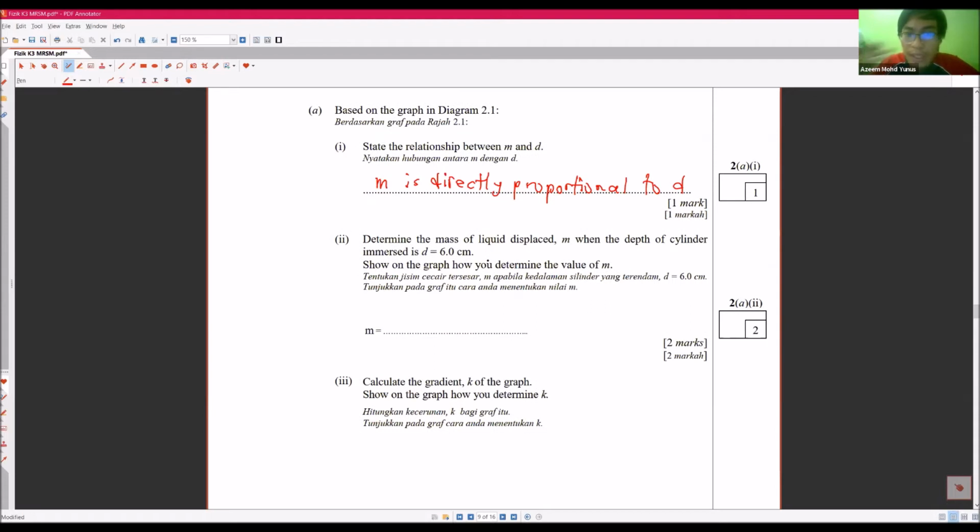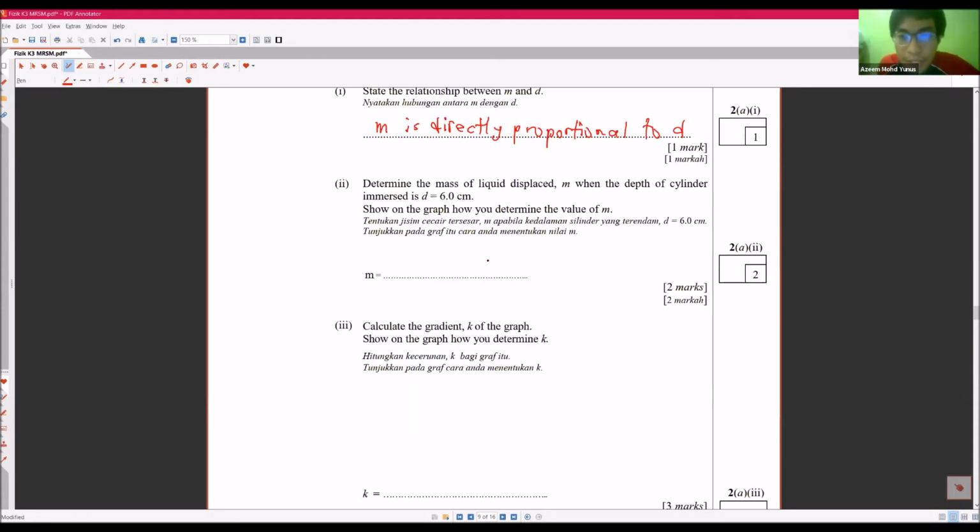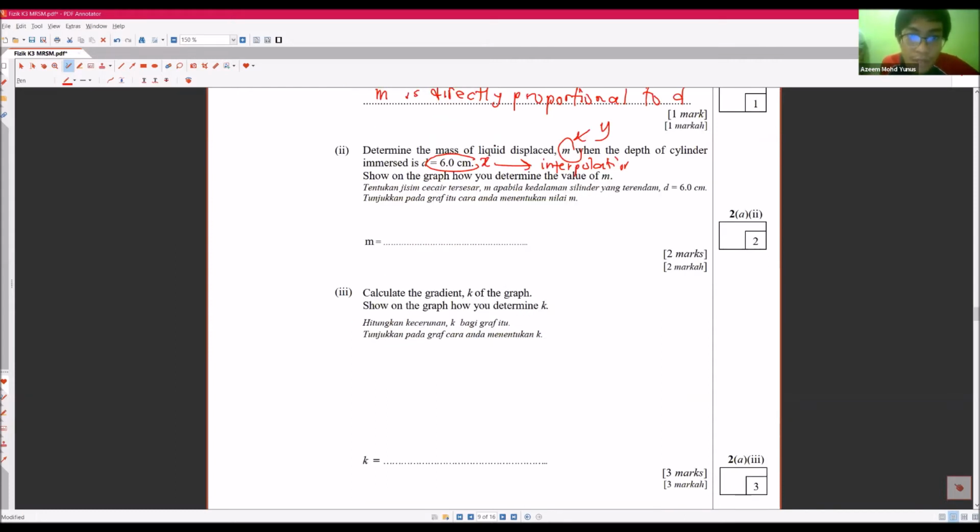Number 2, determine the mass of the liquid when the volume of the cylinder is 6. So this is basically interpolation. Given the x value, you need to find the y value. This is the y value, this is the x. So just do the interpolation, but make sure that you show on the graph how you determine it.